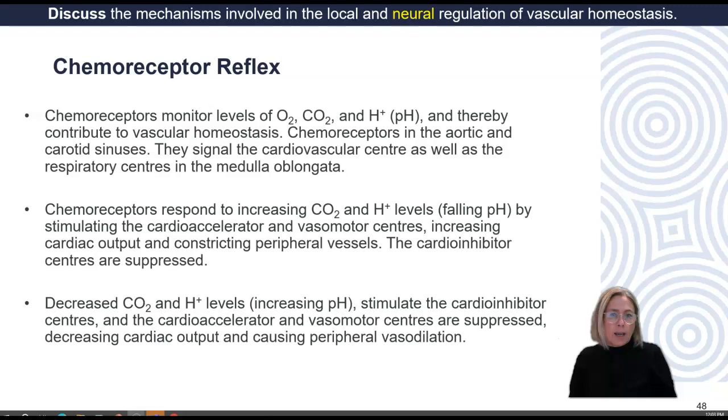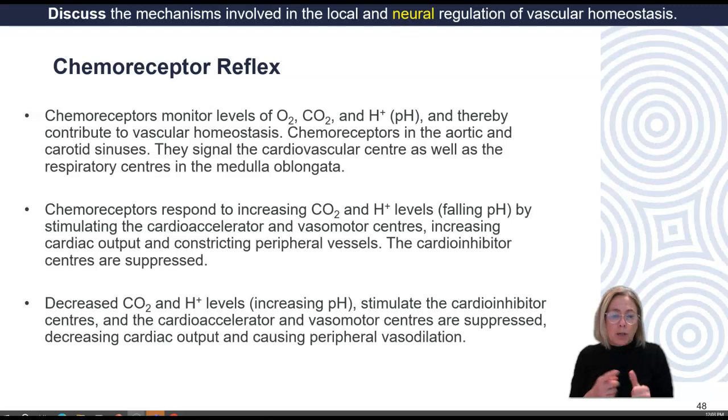They're located in the aortic arch and the carotid sinuses, very close to the baroreceptors, and they signal the cardiovascular center as well as the respiratory centers in the medulla oblongata.